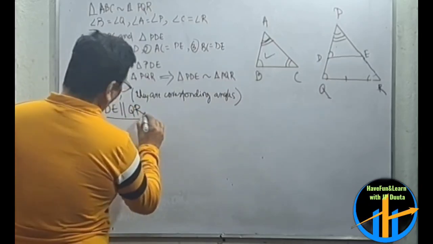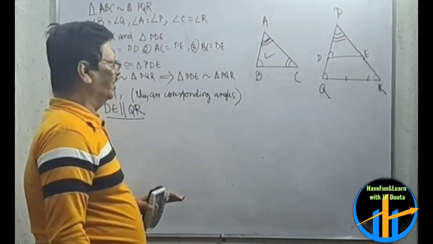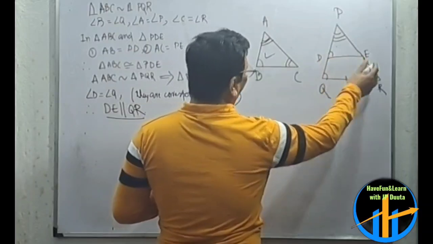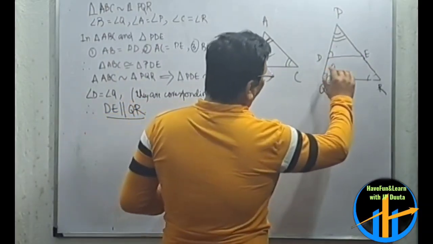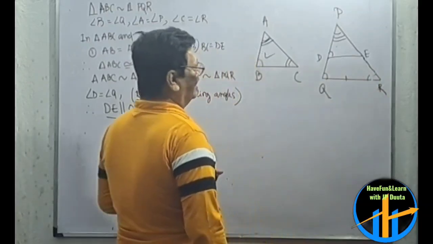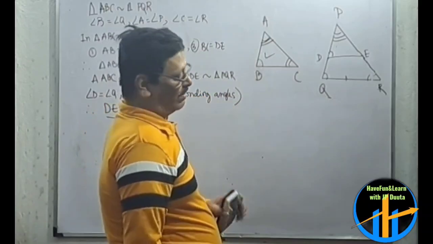Now, if we go back to the statement of basic proportionality theorem, it says that if D and E are points on two sides of a triangle, and if you join DE and QR and they are parallel, then PD by DQ will be equal to PE by ER, right?